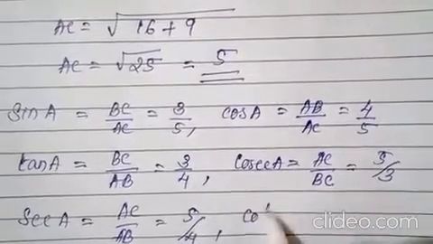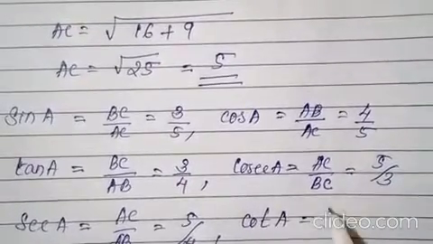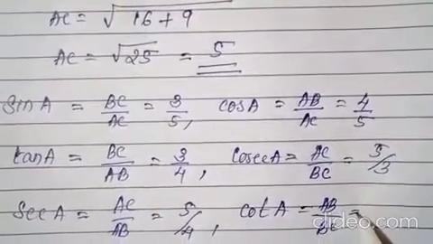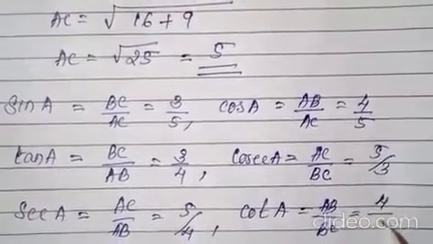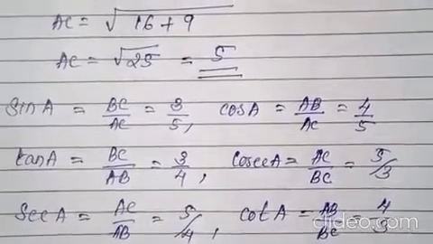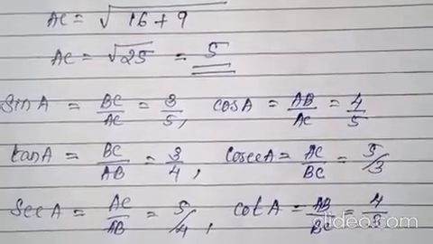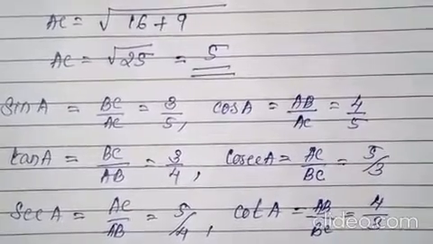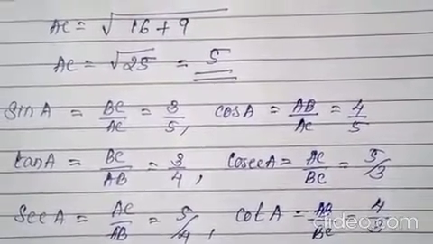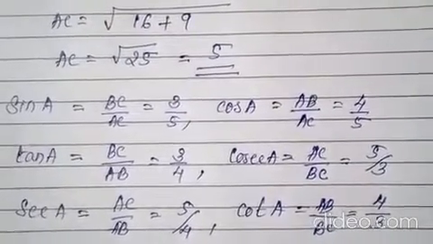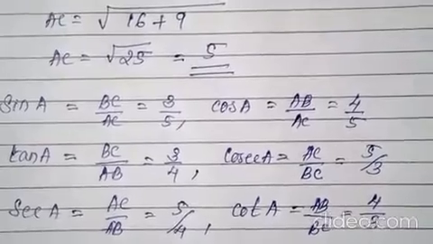The last one is cot A equals AB by BC, base by perpendicular, that is 4 by 3. In this way we are finding the trigonometric ratios. Here base and perpendicular are given, so we have to find the hypotenuse first, and then we can find the other trigonometric ratios. Understood?